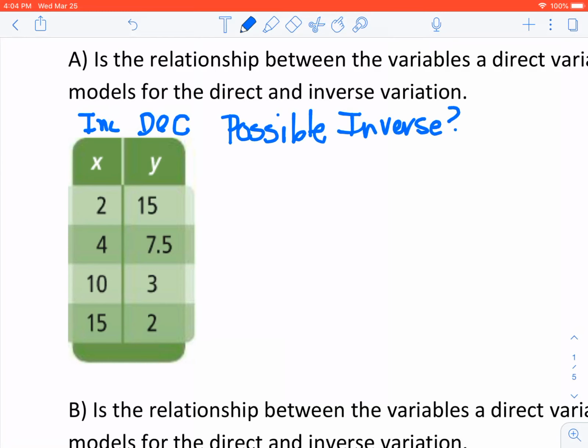And the way we're going to do that is by seeing if every x times y pair is equal to the same k.